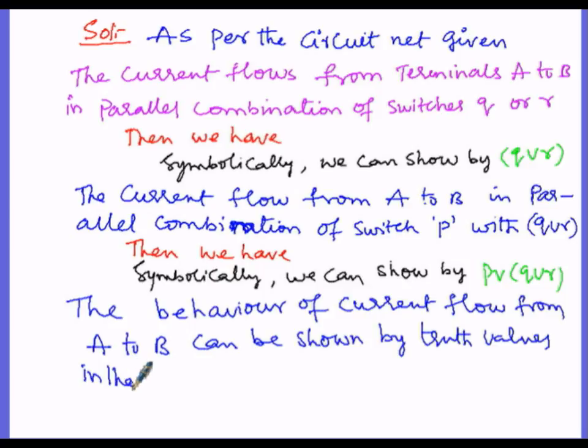So here it can be shown whether the current flows from the terminal A to the terminal B or not. So it can be shown by the truth table.